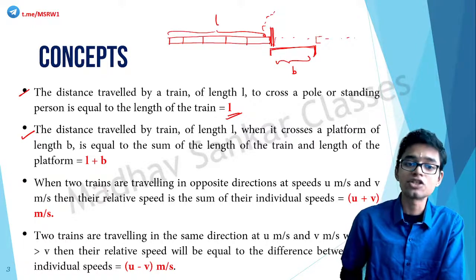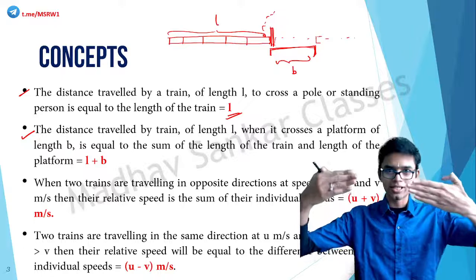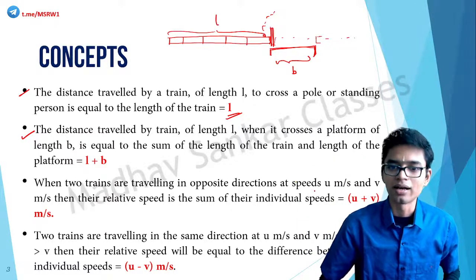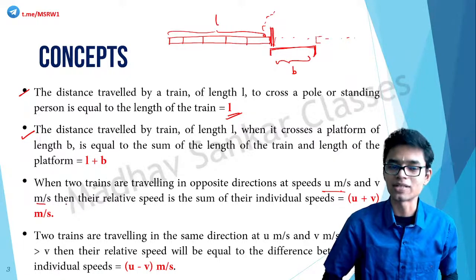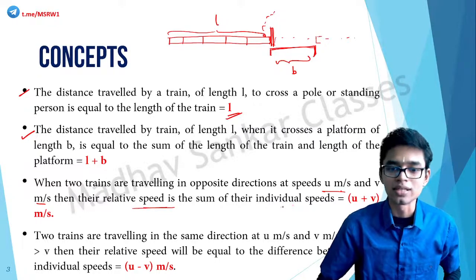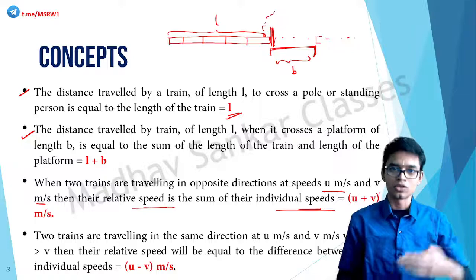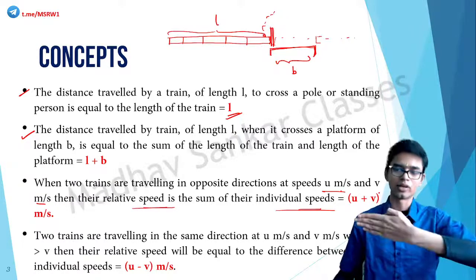Next one. When two trains are traveling in opposite directions, and one is at a speed of u meter per second and the other is at a speed of v meter per second, then the relative speed is equal to the sum of the individual speeds, that is u plus v. One train is traveling at u meter per second in one direction.